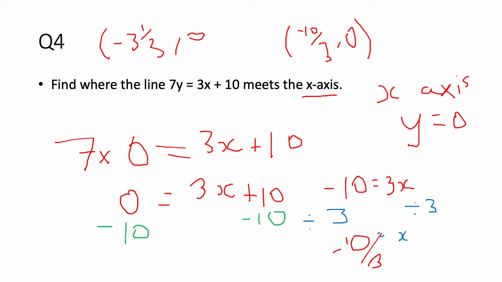So minus 3 1/3 and 0 is where this line meets the x-axis. With these sorts of questions, it is always best to put the coordinate answer, and not just work out what x is. It's important to notice that it wants the full coordinates for this question.